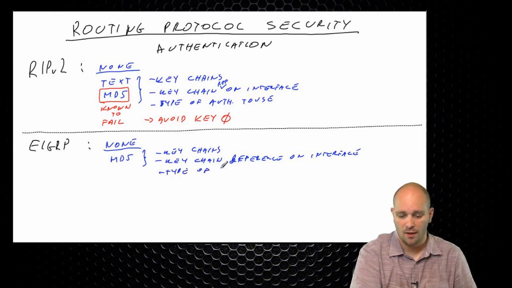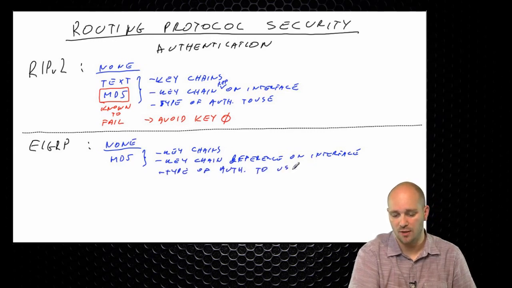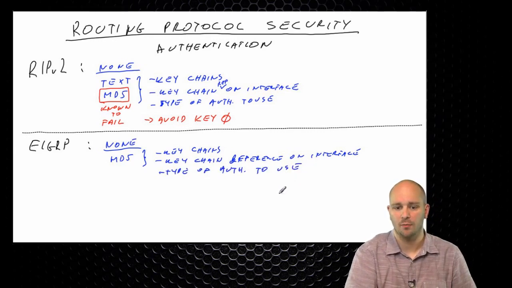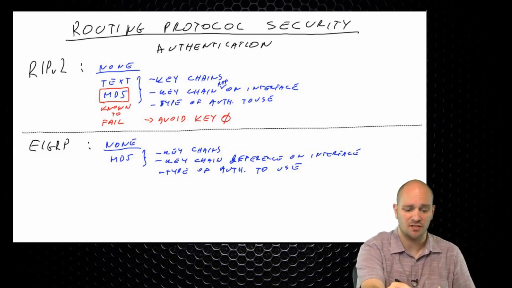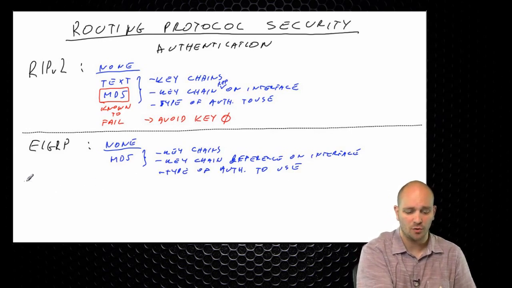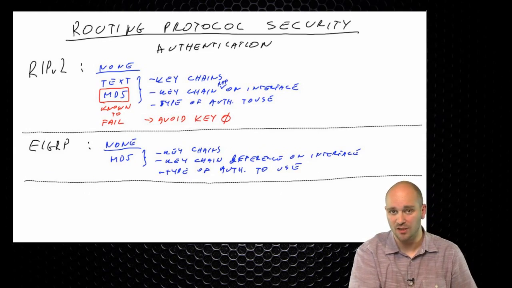Even though EIGRP supports only one authentication type, you still need to specify it. But that's pretty much it. There is really nothing more to EIGRP authentication. This is what you need to keep in mind.